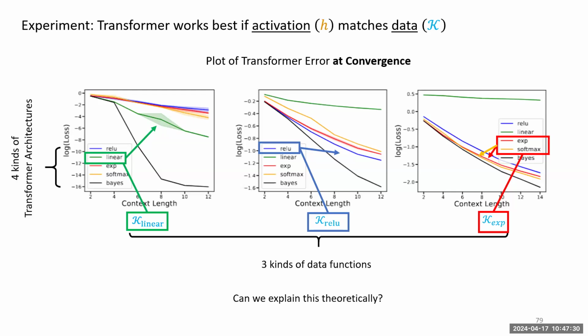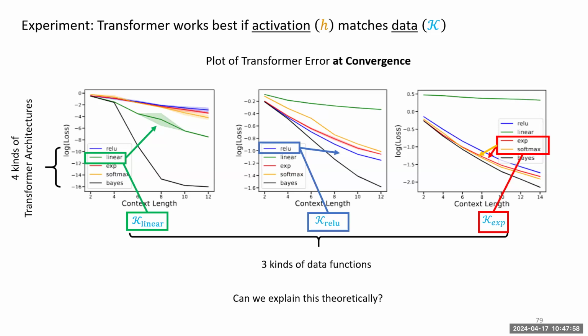Okay, so let's come back to this plot. In light of what we showed, it makes sense that the best performance for each kind of data is when the H matches that data. In the ReLU case, our theory doesn't extend there because we have to assume it's a kernel and ReLU is not a kernel.